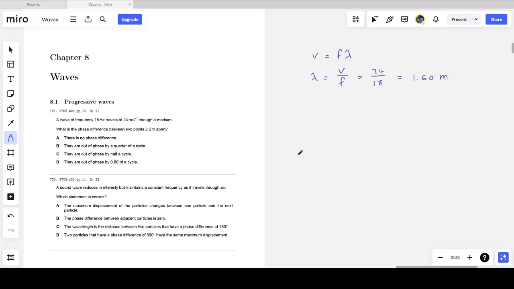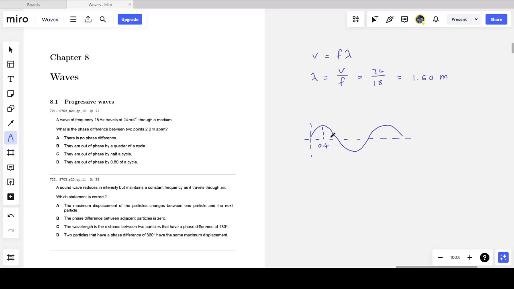But 2 points in this wave are separated by 2 meters, so we want to know by how much their phase differs. So if I just roughly sketch what this wave would look like, and then I draw the equilibrium position to the center, when we get to the first crest, that will be 0.4 meters.